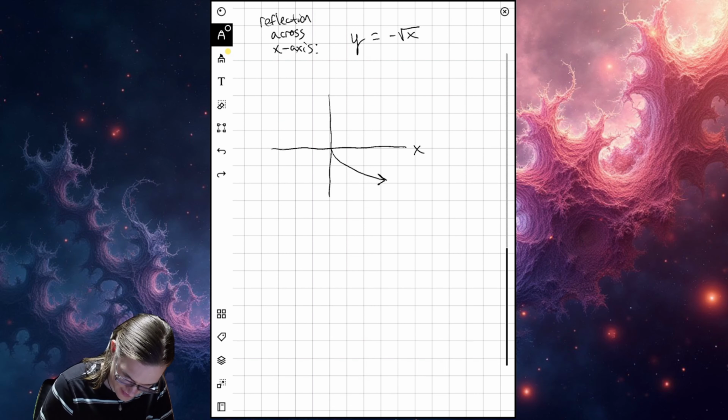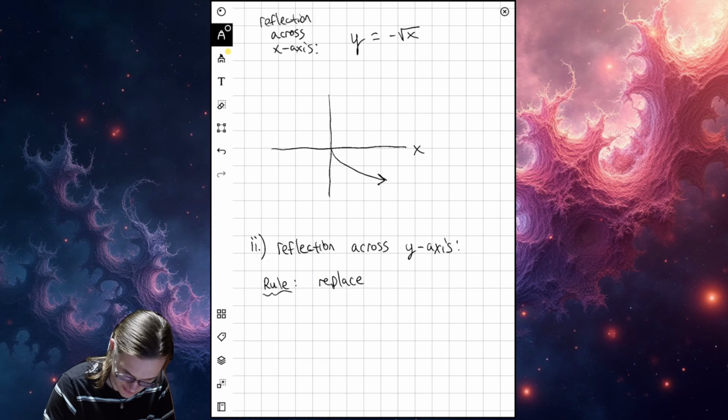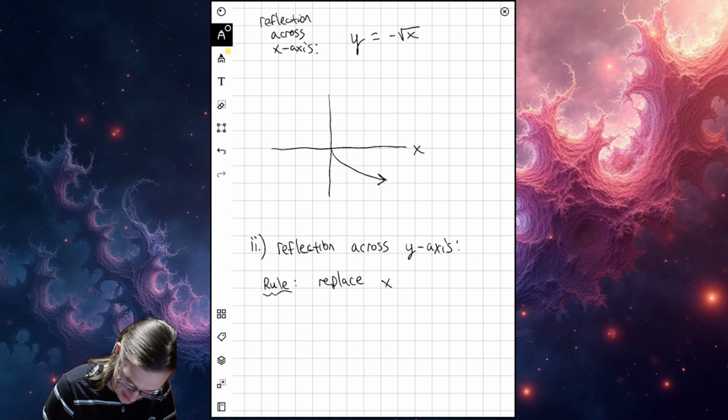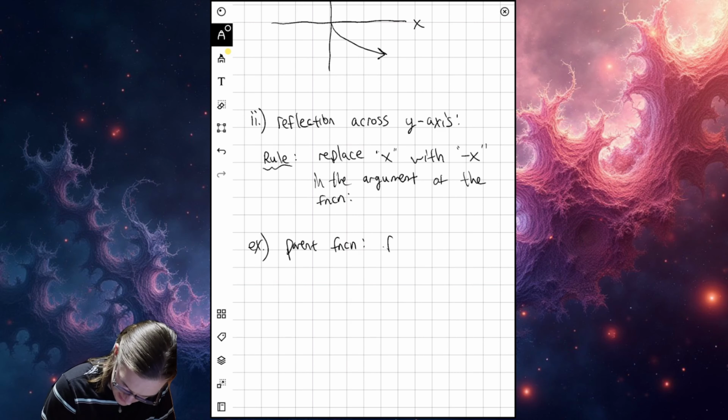And then if we do a reflection across the y-axis, that rule is, again, instead of just multiplying, we're replacing x with minus x, so in the argument of the function. So same parent function as the last example. If f of x is square root of x, we know that looks like this.